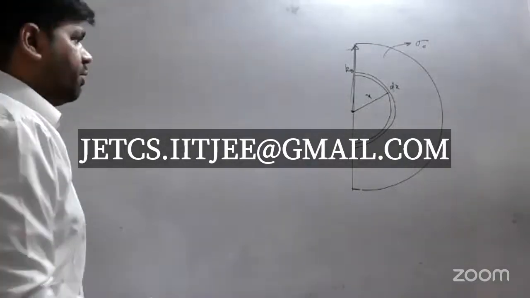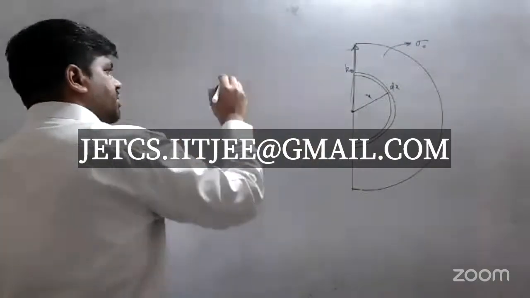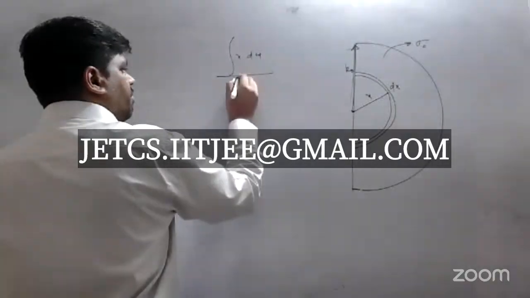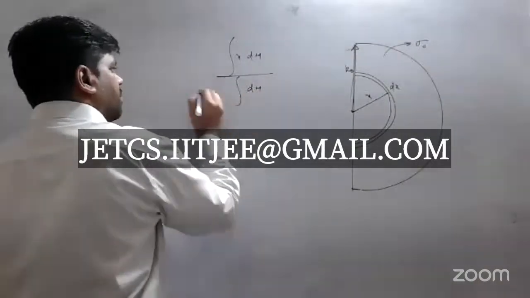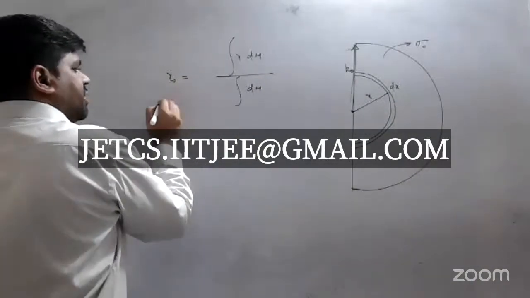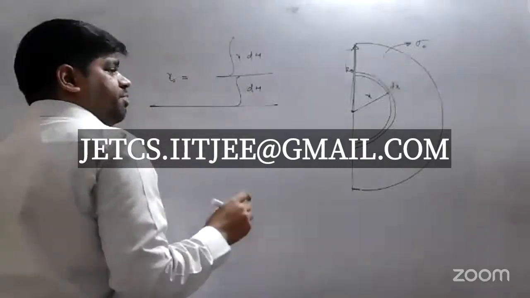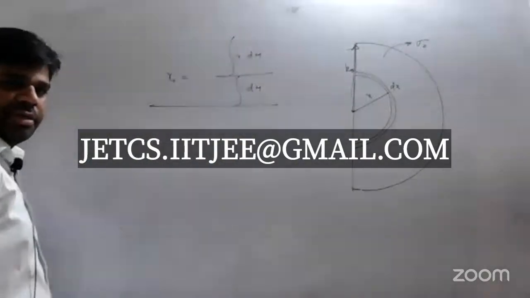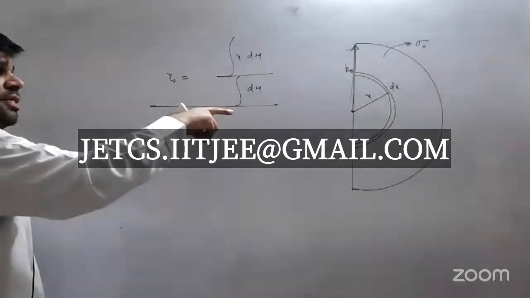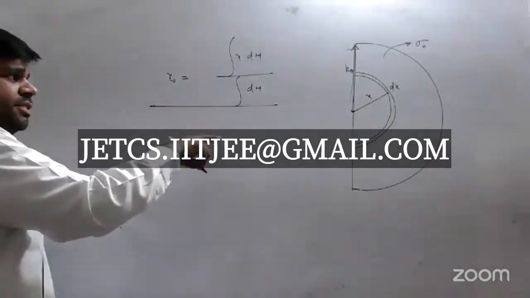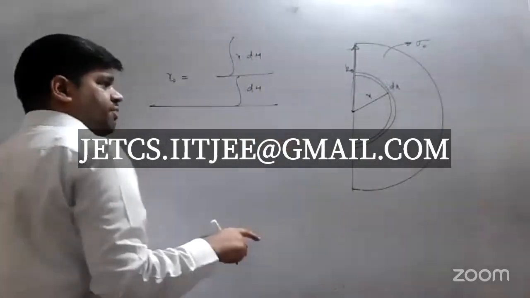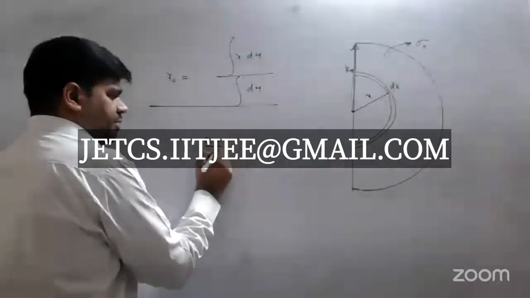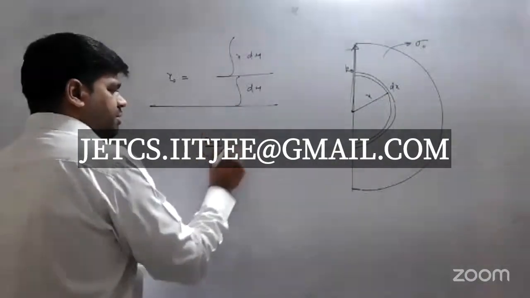Whenever you have a continuous mass distribution, what is the formula? It is integral x dm by integral dm, where x is the position of the center of mass of the dm element, the infinitesimal element. My infinitesimal element is a ring here. What is the position of the center of mass of a ring? 2r by pi, so 2x by pi, times dm.